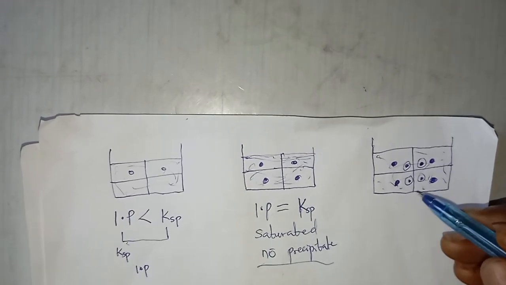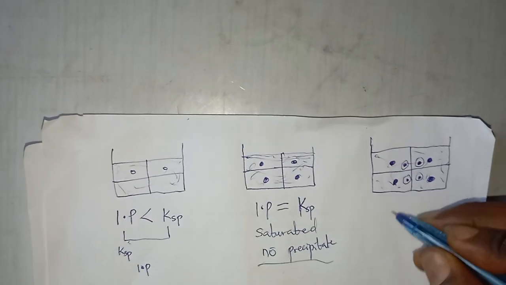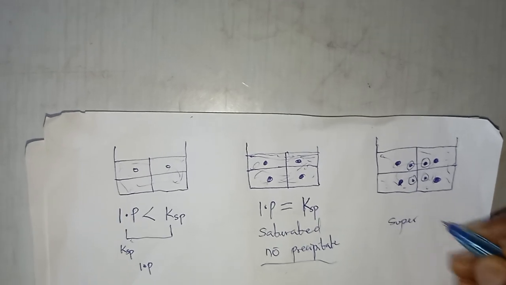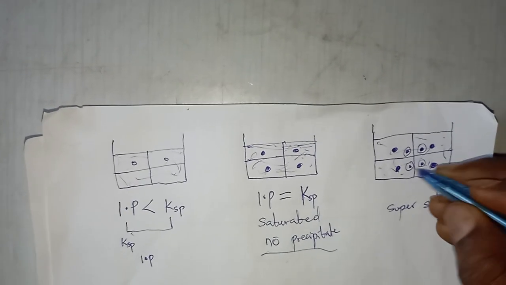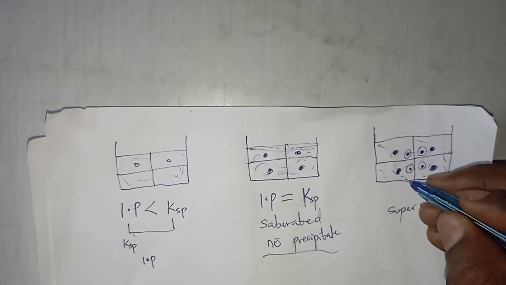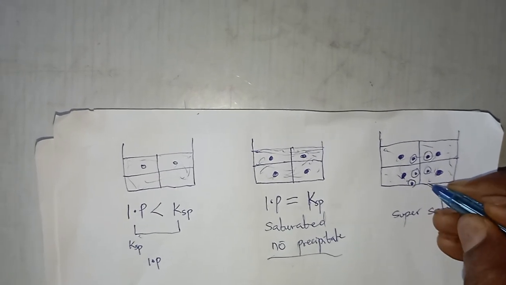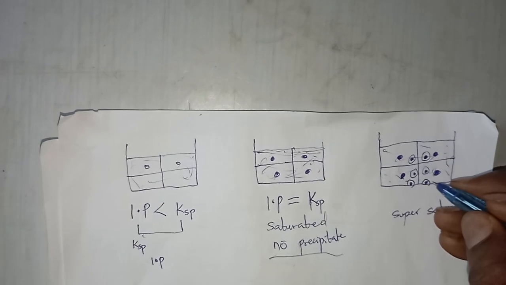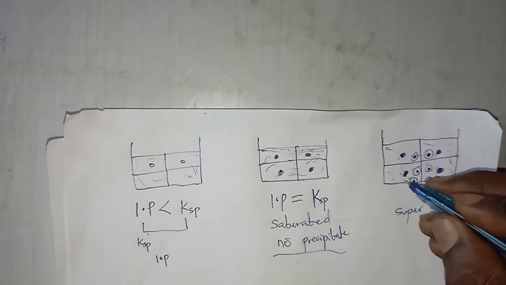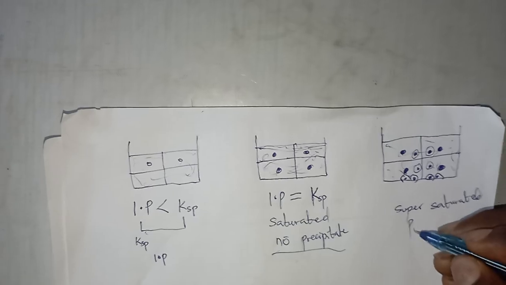Because it has reached saturation point, it will now become supersaturated. At this supersaturated state, the ones that could not dissolve will just come and settle. So at this point, we say that precipitate is formed.